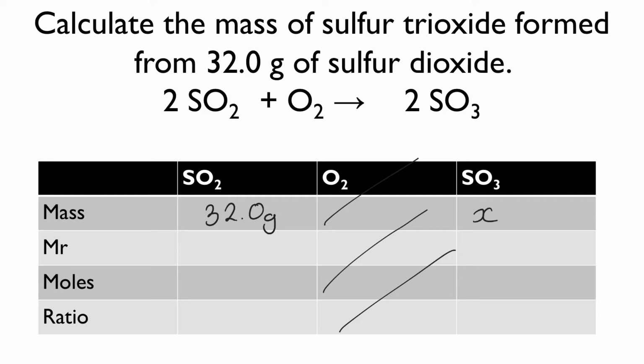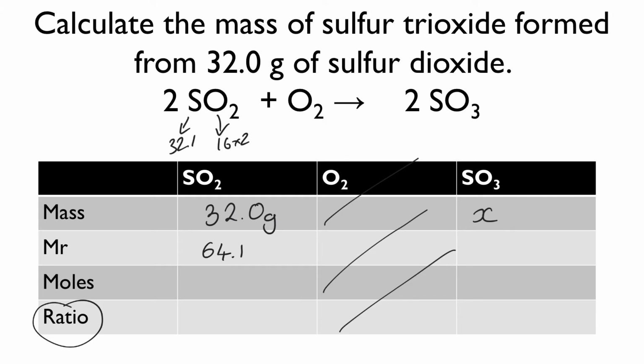So the MR of sulfur dioxide is 32.1 plus 16 times 2. A common mistake when working out relative formula mass here is to include the stoichiometry, so the big 2 in front of the SO2. Don't use that here because we are going to use this when we get to the ratio step. So the relative formula mass of sulfur dioxide is 32.1 plus 32, which is 64.1.